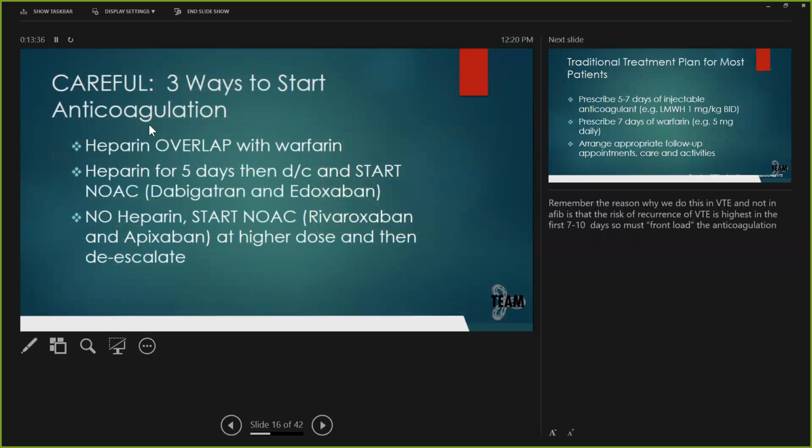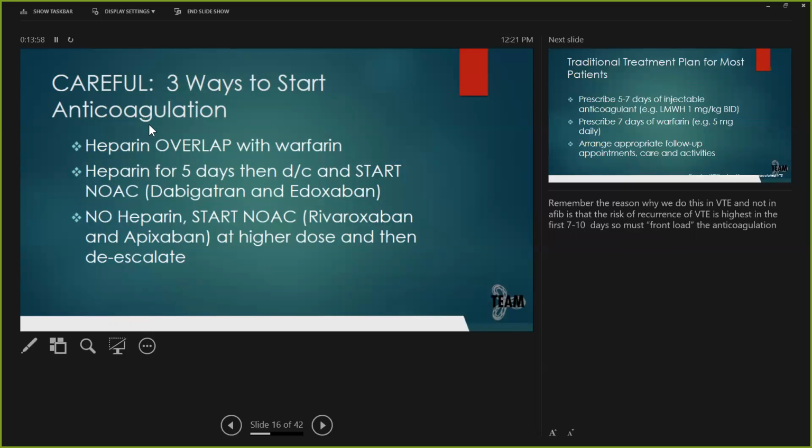And now that we diagnose that the patient has a DVT, what are the options the patient has? Do we start with heparin with overlap with warfarin, or heparin for 5 days and then start the newer anticoagulants, which are called NOACs, which have been approved in just the last 5 years?